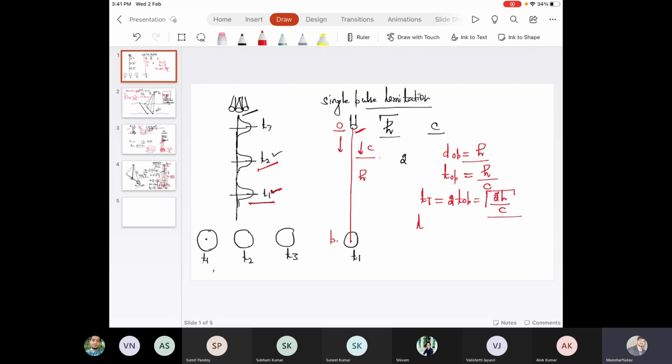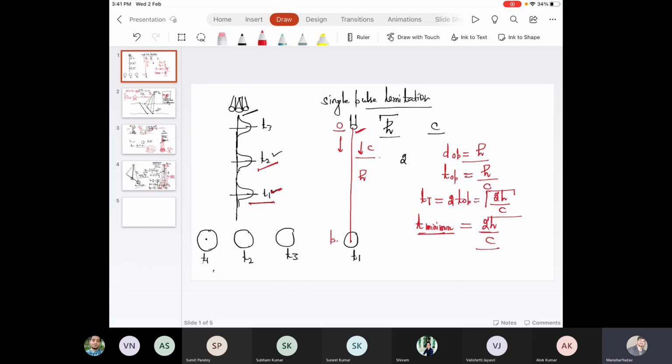So we can say that this is T minimum, the time required by the laser transmitter in between the transmission and reception.